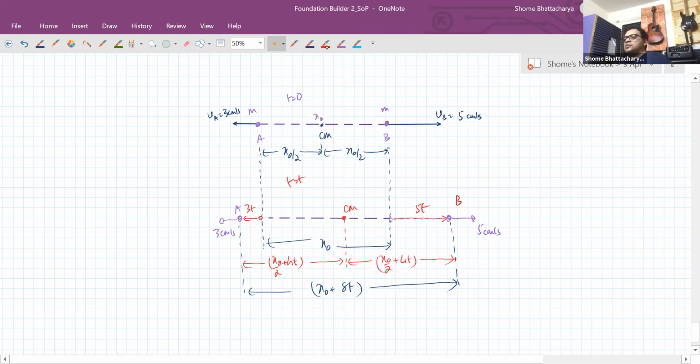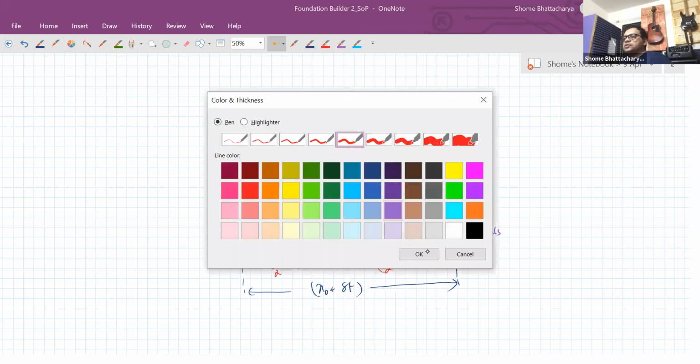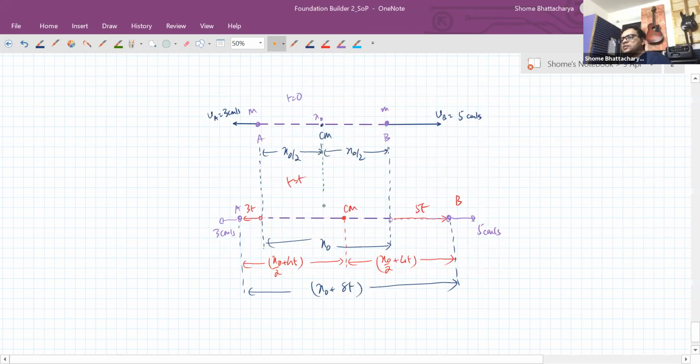Now from this, can we calculate the displacement of the center of mass? It's a bit of a calculation. We'll have to apply ourselves a little carefully here. So how do we calculate this? See, this much is how much?